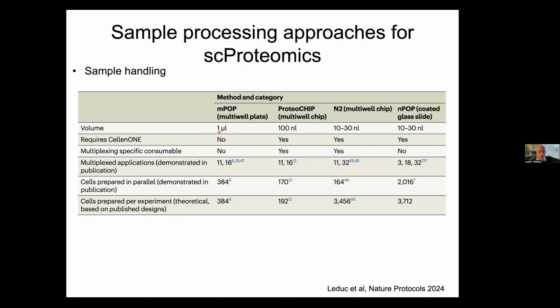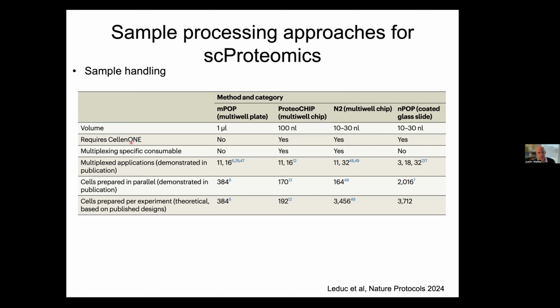So we work to miniaturize, but you're still in the microliter range, but it doesn't require any of the fancier robots, and I'll discuss cellenONE in a second. And then what's been developed in a number of different approaches, they have different names and different ways of doing them, but are fabricated glass slides that have etched nanowells in them.